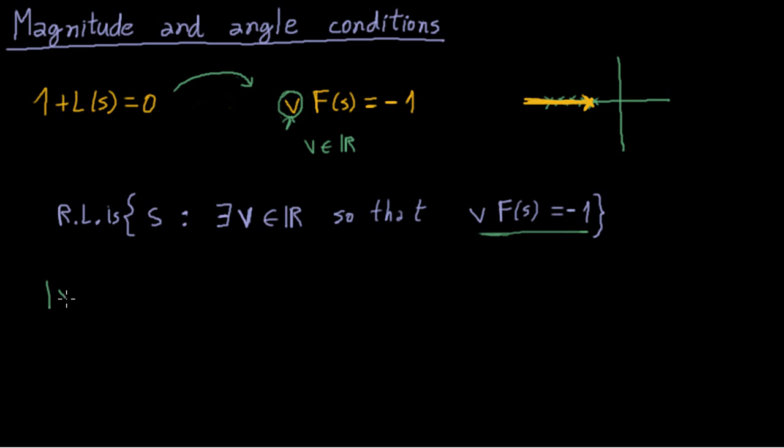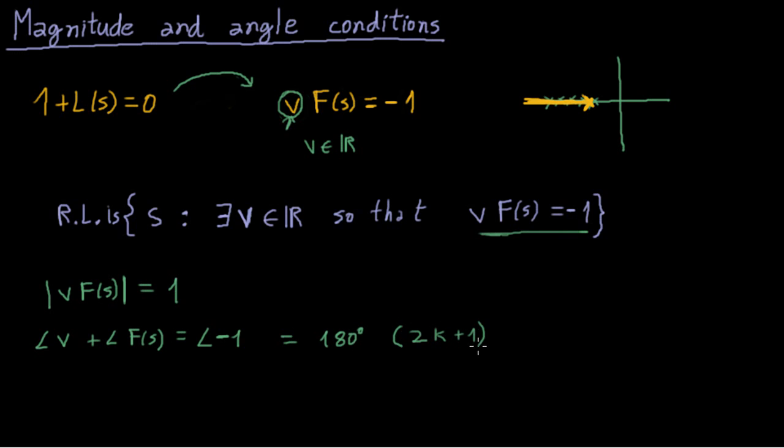So on the one hand we would have the absolute value of v times f of s is equal to 1, and on the other hand we have the angle of v times f of s, but this is just the angle of v plus the angle of f of s is equal to the angle of -1, but the angle of -1 is 180 degrees, or an odd multiple of it, with k equal to 0, plus -1, plus -2, and so on and so forth.